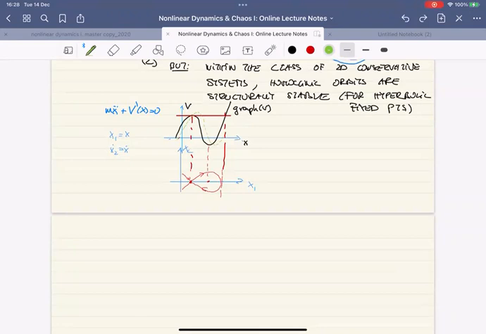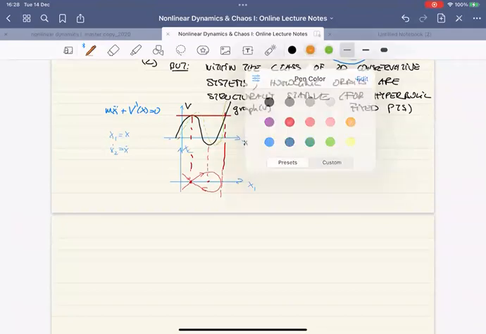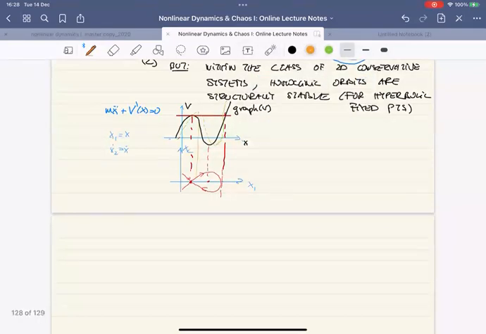But the point is now that you have a new equilibrium point, the new maximum is somewhere here, and your new minimum is somewhere there, and your new turning point is somewhere there.